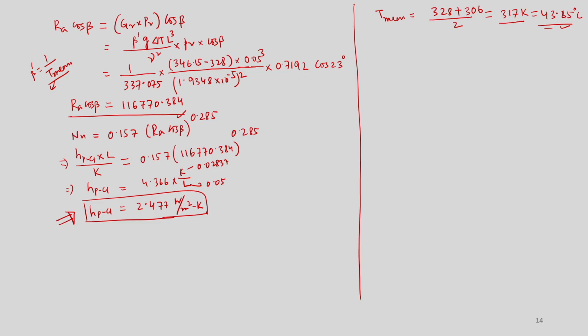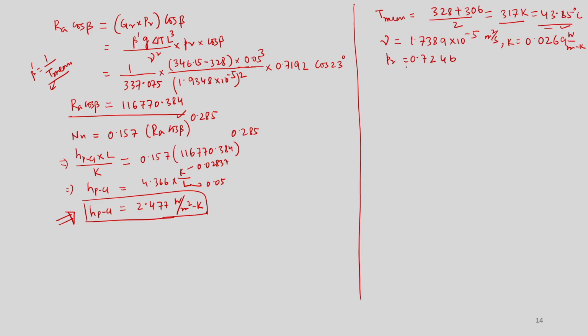At these conditions, as per my calculation, it is found that nu, or kinematic viscosity, is 1.7389 into 10 to the power of minus 5 meter square per second, K is equal to 0.0269 watt per meter Kelvin, and the Prandtl number is equal to 0.7246.